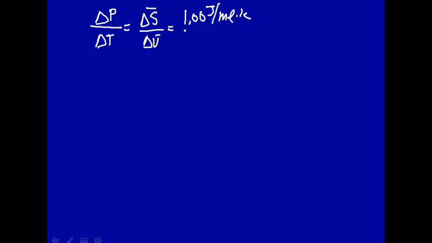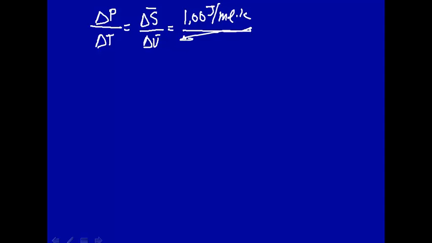So, as we said, delta P, we're converting from infinitesimal to finite changes, which is essentially assuming that that phase boundary line is linear over delta T. That is equal to delta S bar over delta V bar. Delta S bar, given in the problem, is 1.00 joule per mole Kelvin.